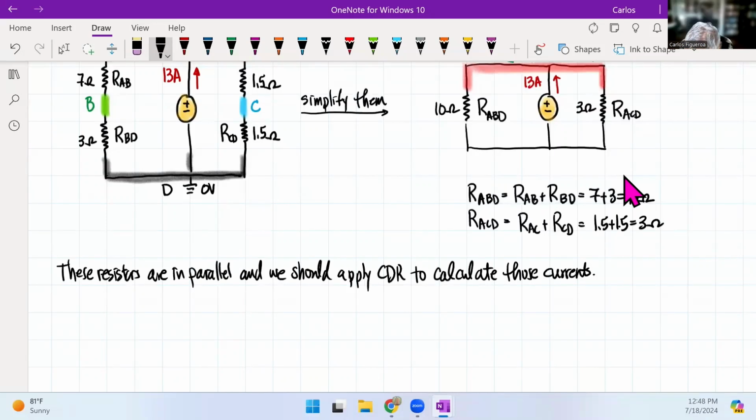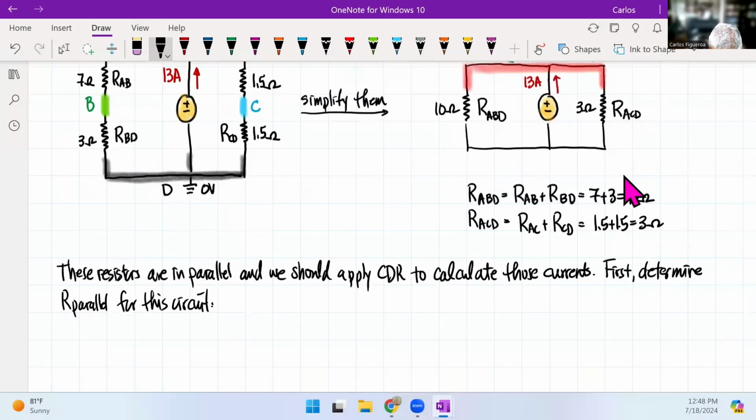So first, determine R parallel for this circuit.